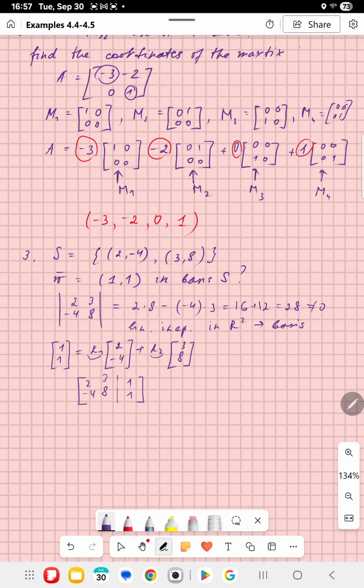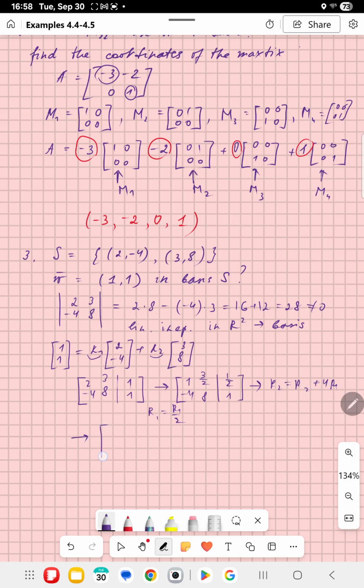I don't know the best way to do it, but why don't we review a little bit of Gaussian elimination here? I'm going to divide my first row by 2 and get 1, 3 over 2, and 1 over 2, then -4, 8, 1. Row 1 equals row 1 divided by 2. My next operation is row 2 equals row 2 plus 4 times row 1.